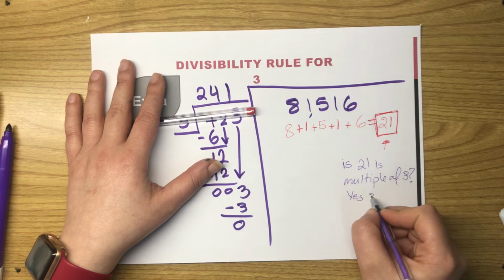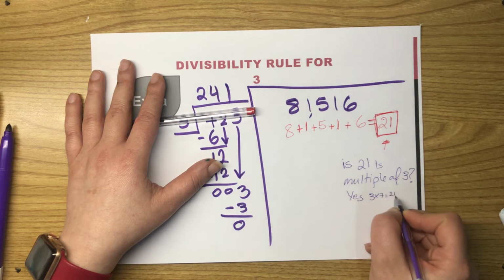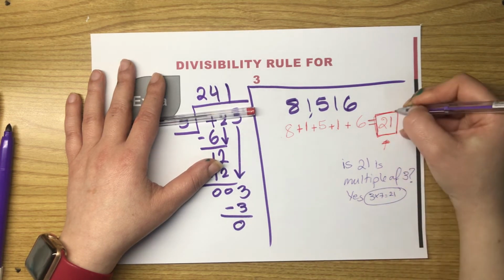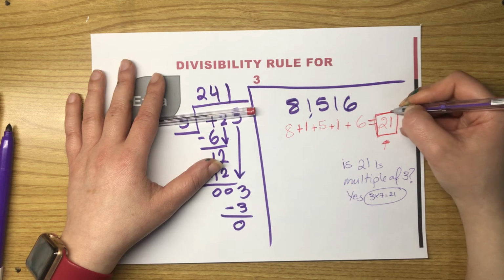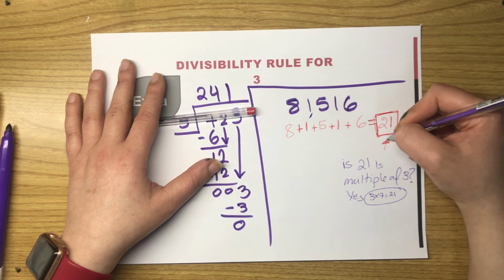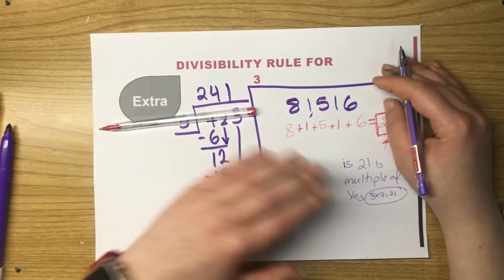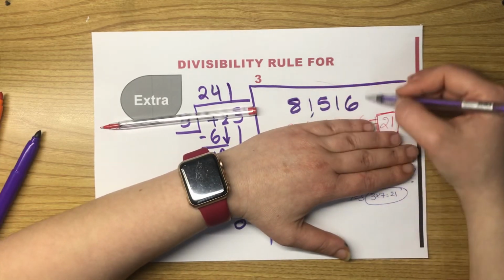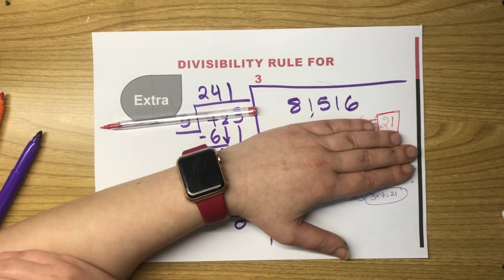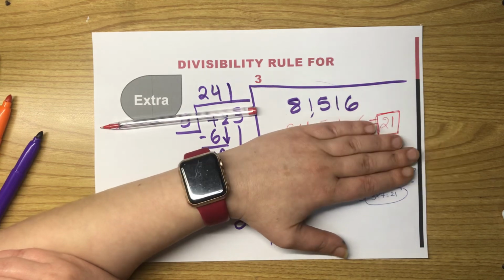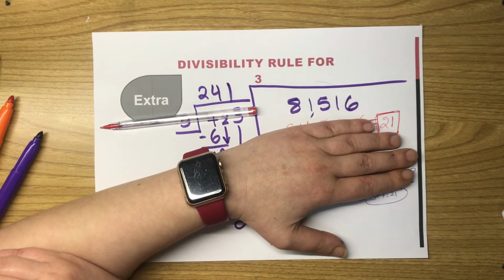Yes, because 3 times 7 equals 21. So if the final answer that you find is a multiple of 3, then the original number is divisible by 3. Okay? Shall I give you another example?